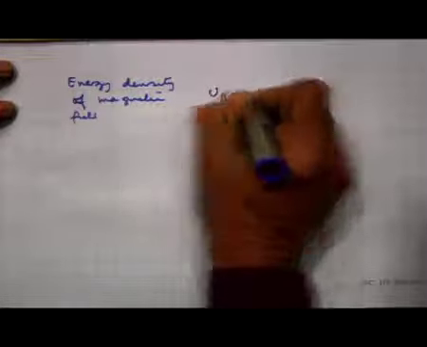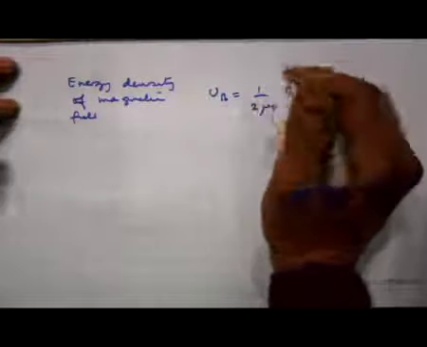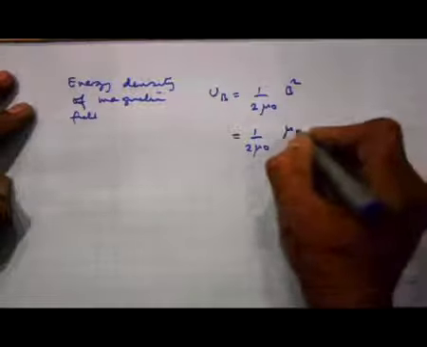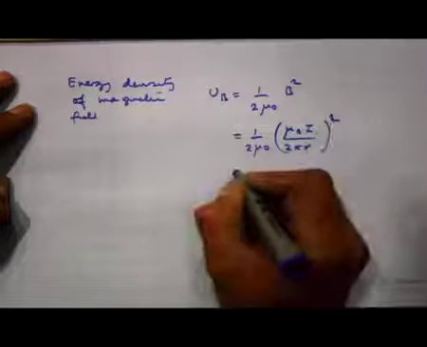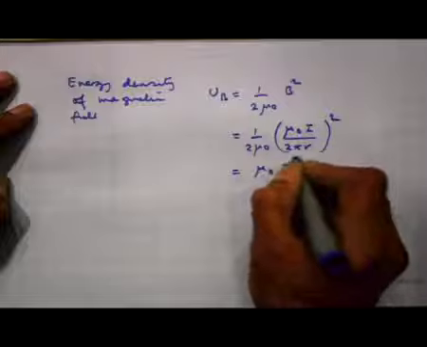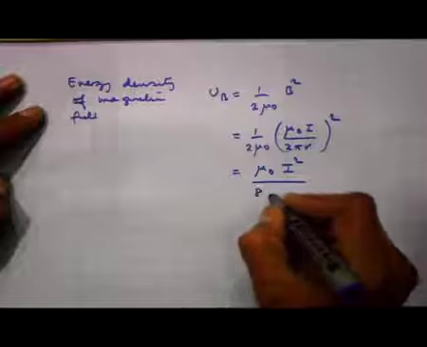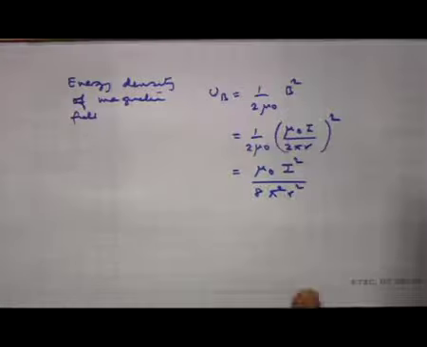U B is equal to 1 by 2 mu 0 B square, which is equal to 1 by 2 mu 0 into I by 2 pi r whole square, which is equal to mu 0 I square by 8 pi square r square. Mu 0 I square by 8 pi square r square, that is the energy density stored in the magnetic field.